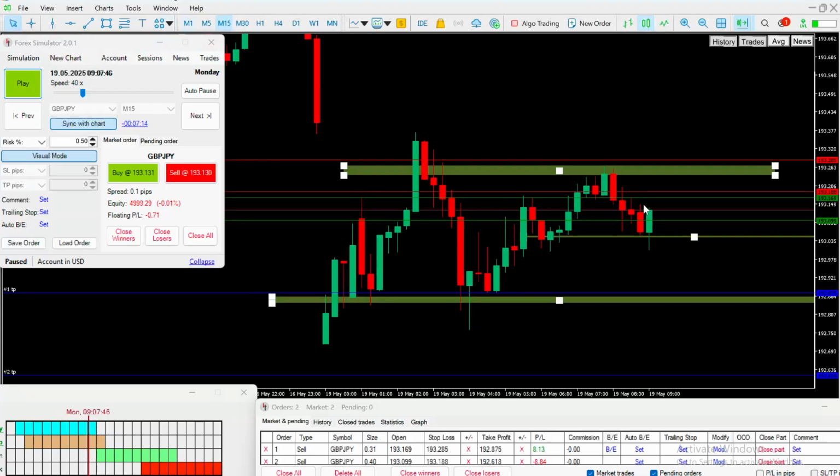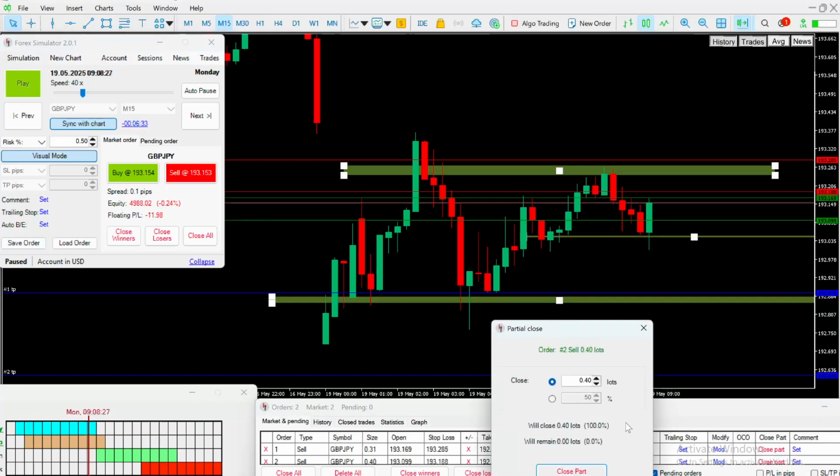If it breaks this high, I'm closing 50%. We were already winning 1%. Okay. We need to manage risk. Let's close 50% of this.